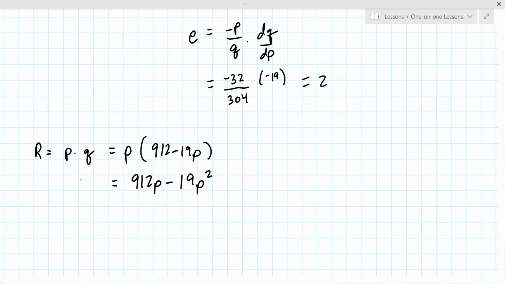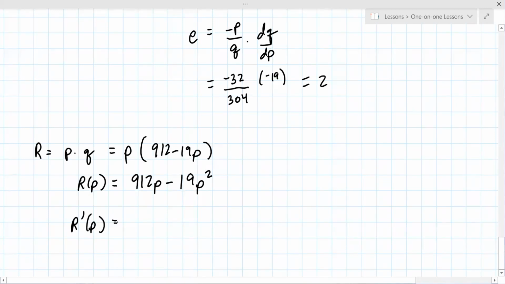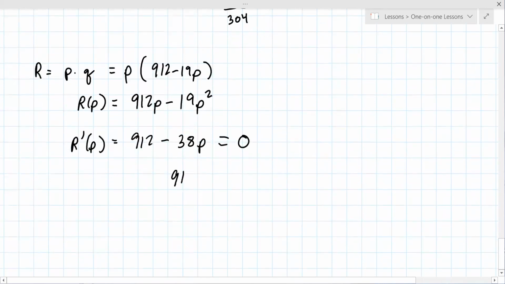Now we have to take a derivative. So the derivative with respect to P, it's power rule. So it's 912 minus 38P. And then you set that equal to 0. So you move the 38P to the other side. And that ends up equaling 24.